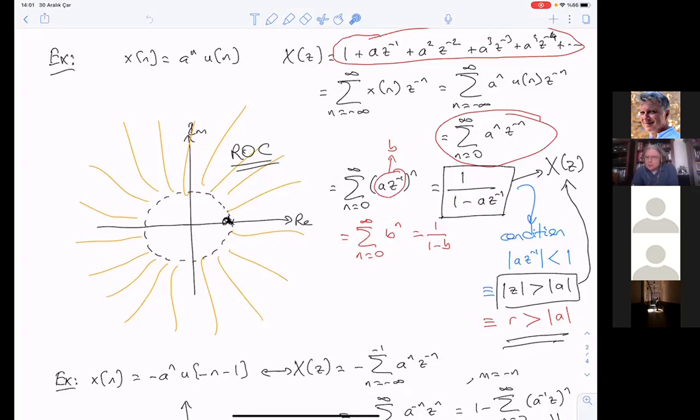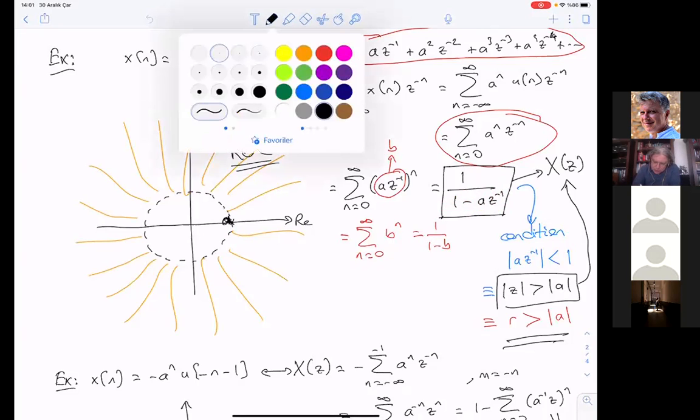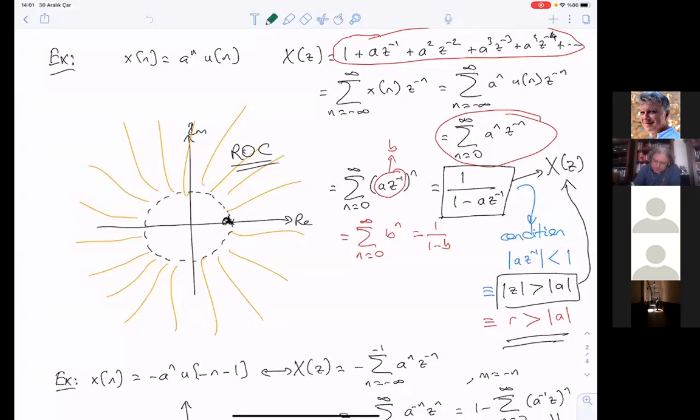But it's difficult to see it that way, so instead of that, you may want to convert this into a totally new form. It's not a totally new form, just multiply the numerator and the denominator by Z, and you see that this is equal to Z over Z minus A. It's the same.